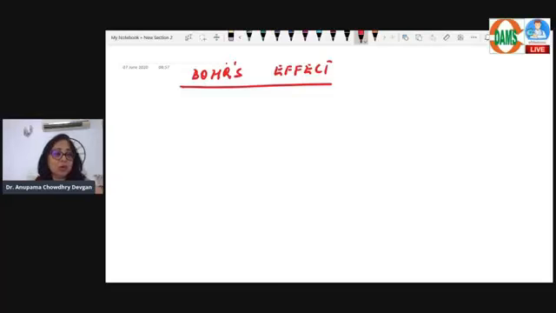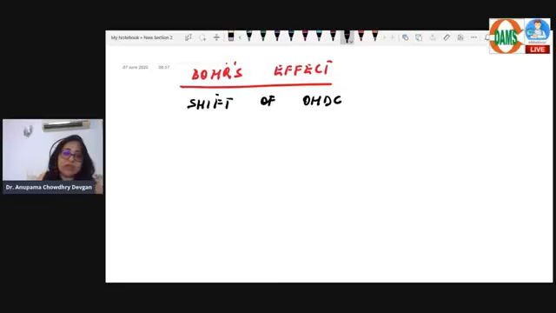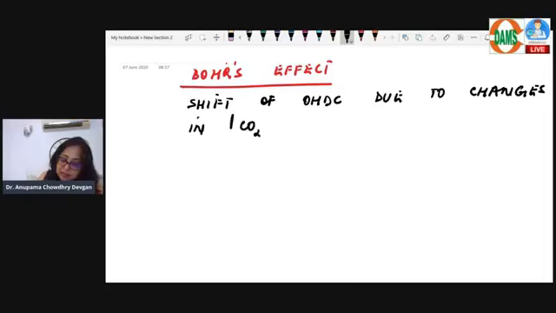Now, what is the Bohr's effect? Bohr's effect is the shift of the oxygen hemoglobin dissociation curve due to changes in PCO2 and the H plus levels.